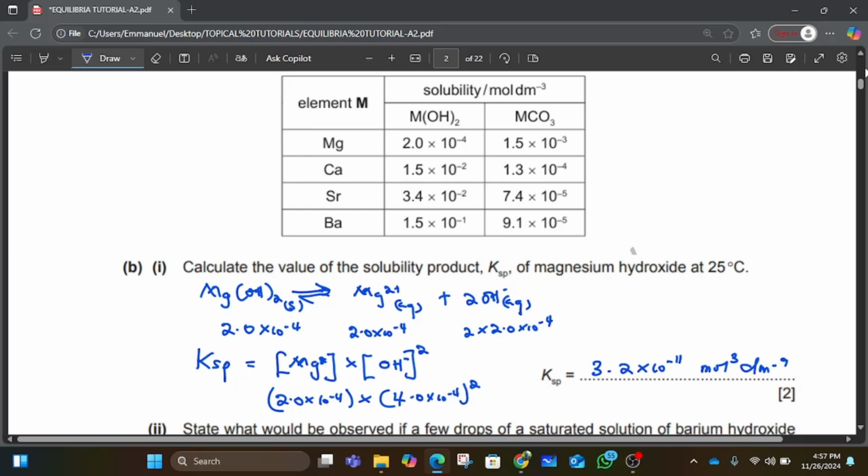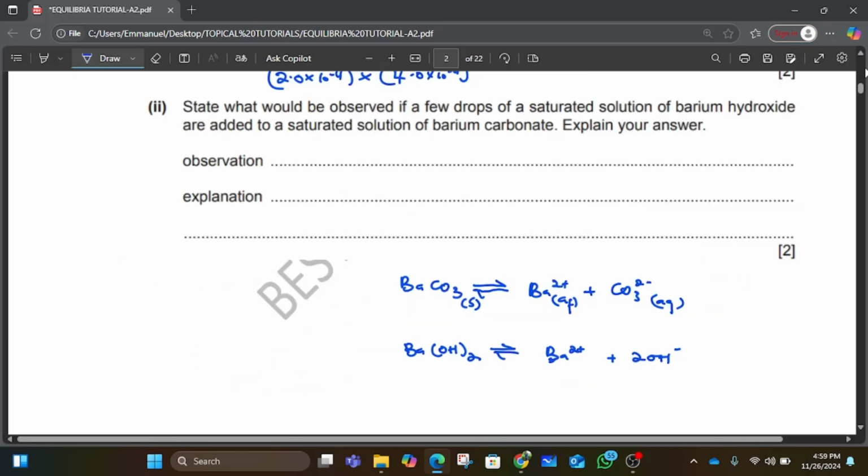For the magnesium ion it is mol dm^-3, times the unit for the concentration of hydroxide ion, which is mol dm^-3 exponent 2. And so I believe if you do that, you should get mol^3 dm^-9.